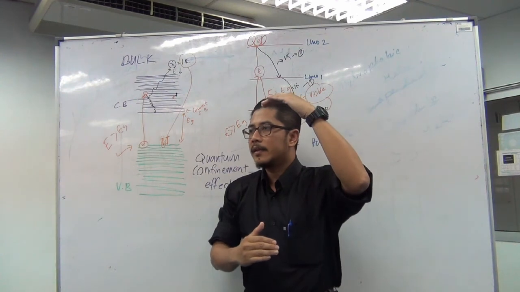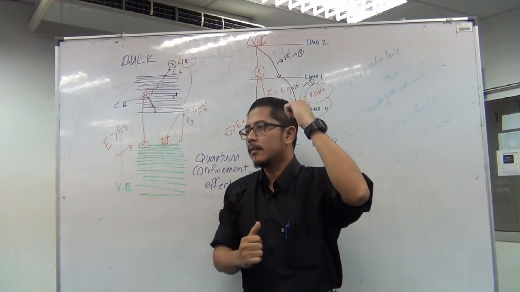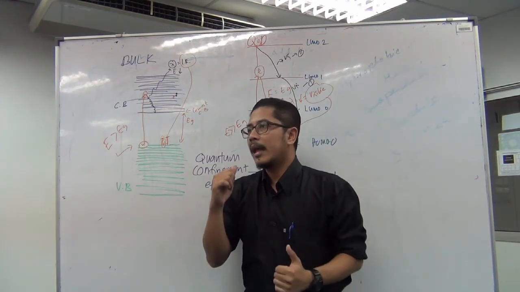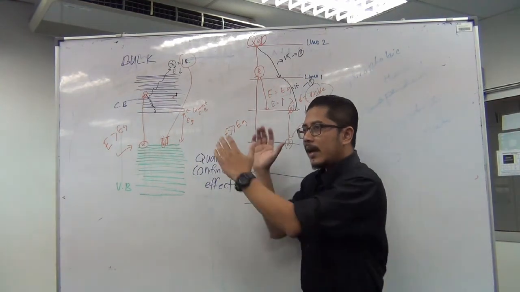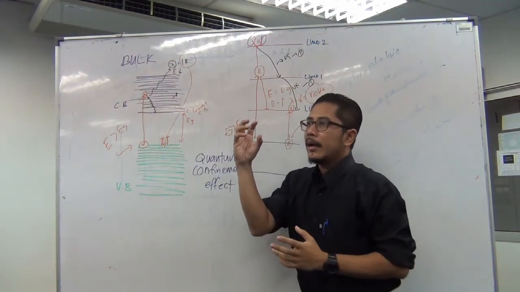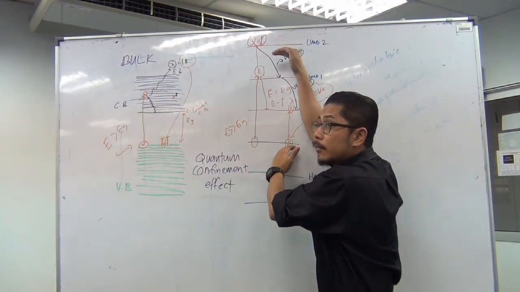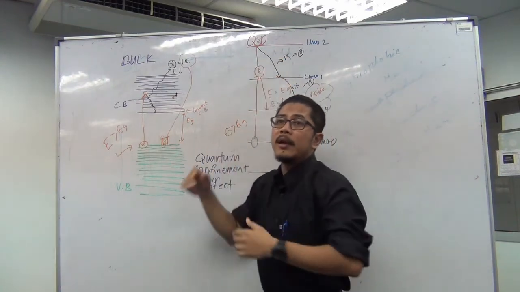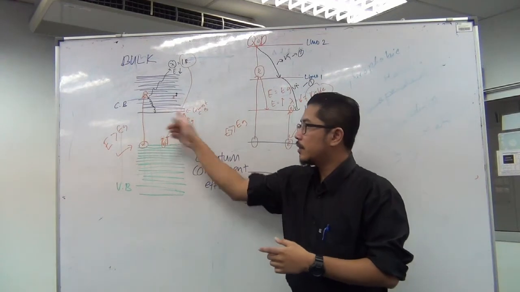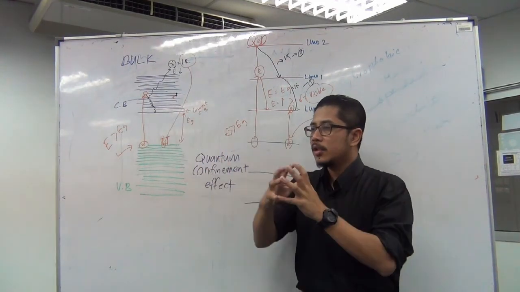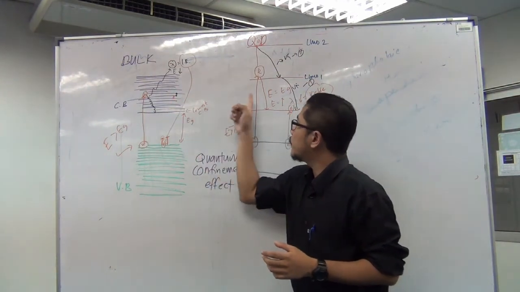I believe it is taught in solid state physics. Anyway, I will make an effort to make another video to explain the correlation between the size of the material, the movement of the electron, and the expansion of the energy levels. I will make that video later and publish it on YouTube. Okay, understand? This is the reason. Reduction of size, electron movement is limited, so the energy levels will expand.